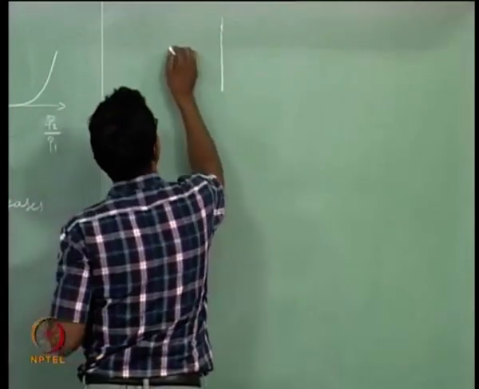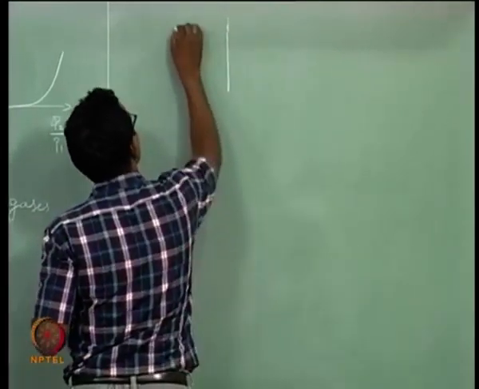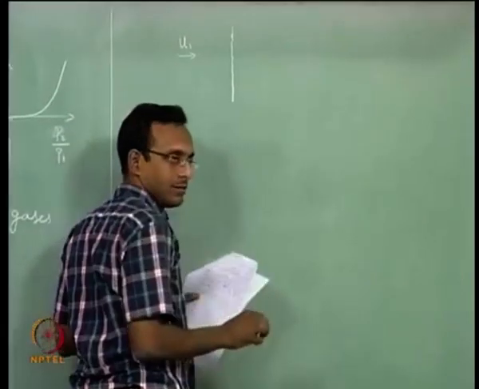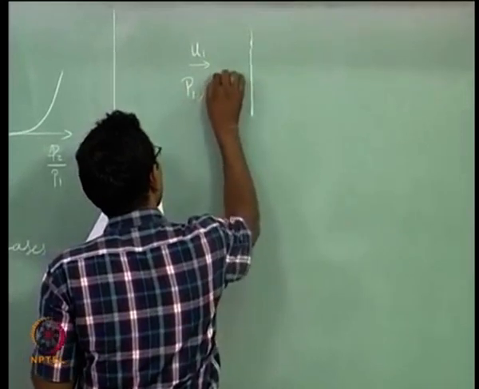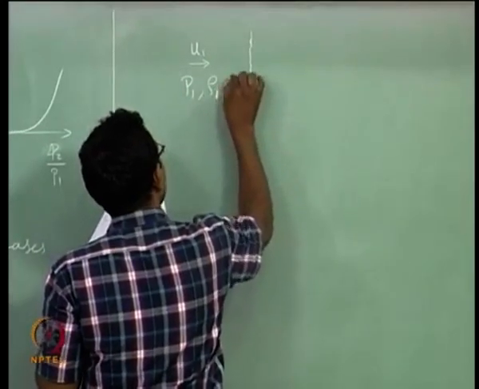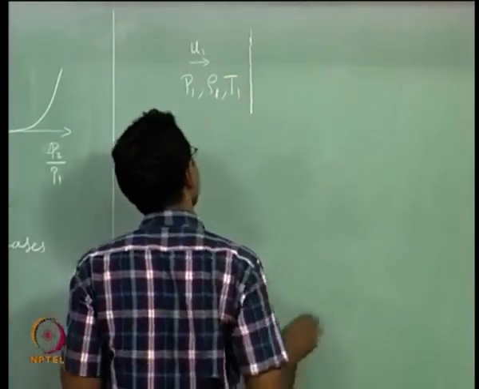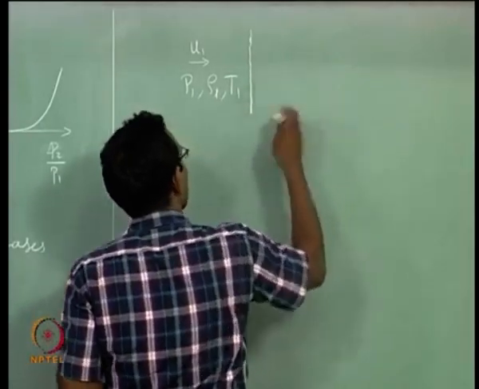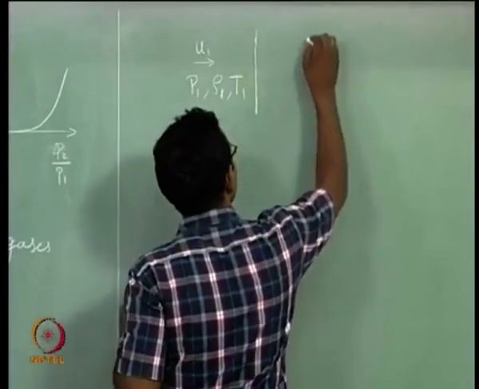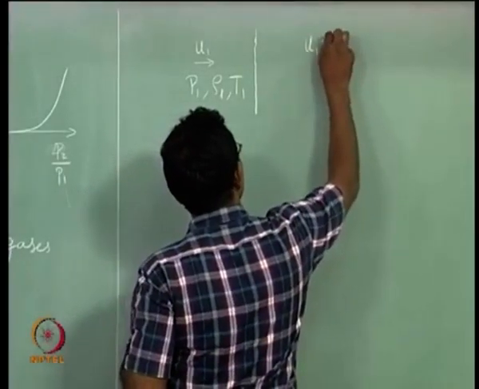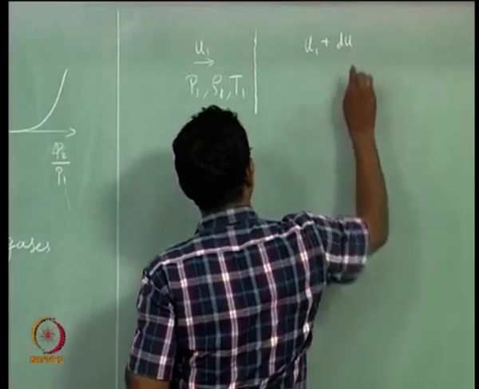I am going to say there is flow with velocity u1 into it this way, with pressure P1, density ρ1 and temperature T1. On the other side, since it is a very thin wave, there will be a small change. Let us just put arbitrarily u1 plus du.